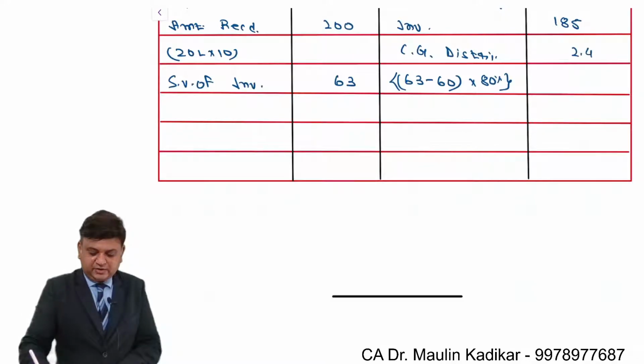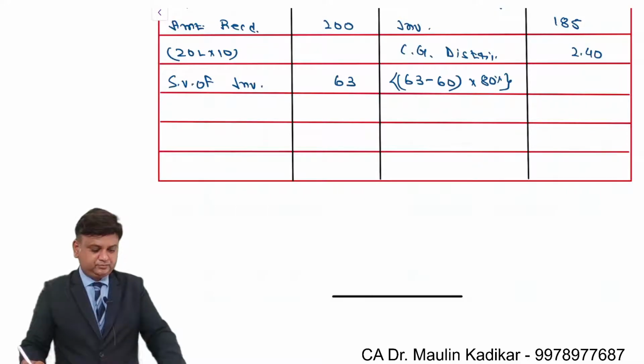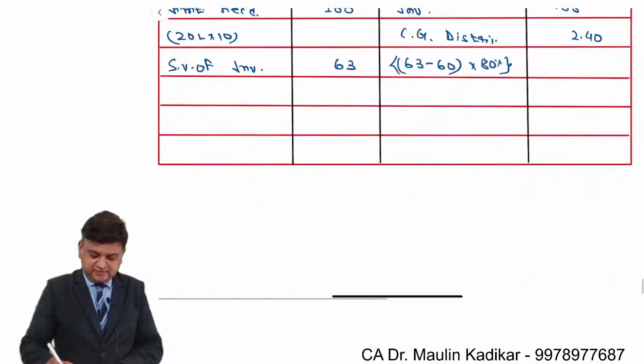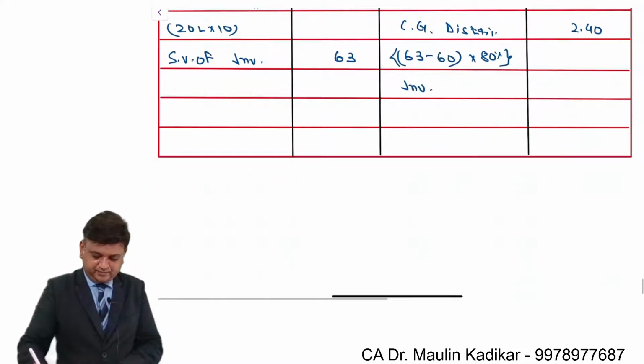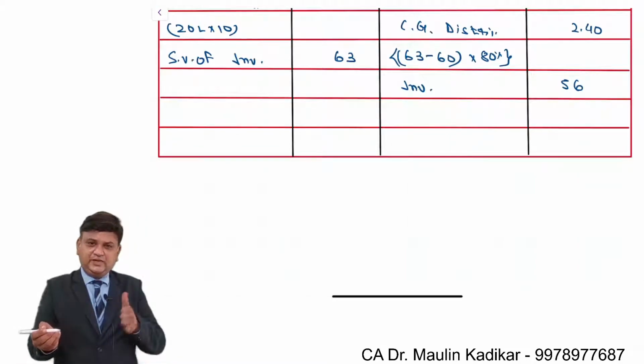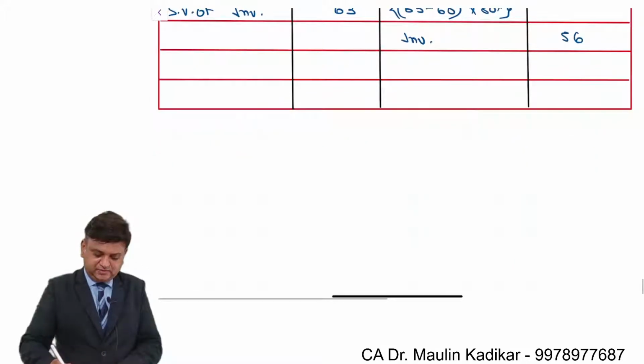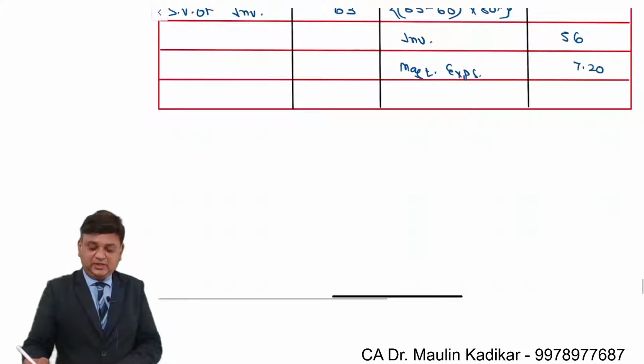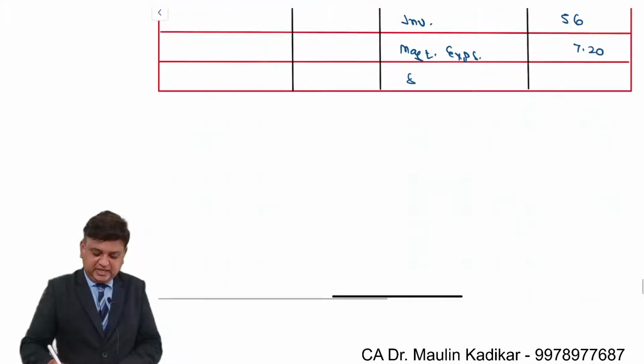That comes to 2 lakh 40,000. Again made investment of 56 lakhs. Then fund management expenses 8 lakhs, of that 10% is in arrears. So management expenses paid are 7 lakh 20,000, that is 8 lakhs minus 10 percent.